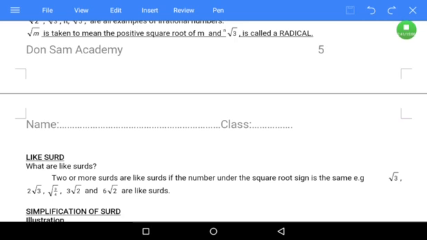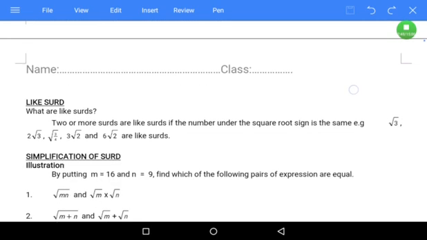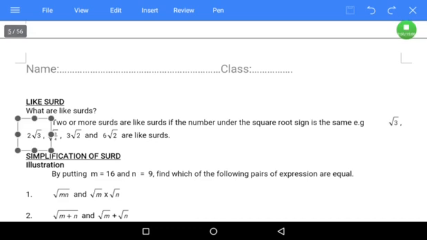Okay, now let's talk about like surds. What are like surds? When two surds have the same number in the square root, then these surds are called like surds. Can you see that? For instance, if you have 2 root 3, 4 root 3, 5 root 3, 6 root 3, 7 root 3. Can you see?